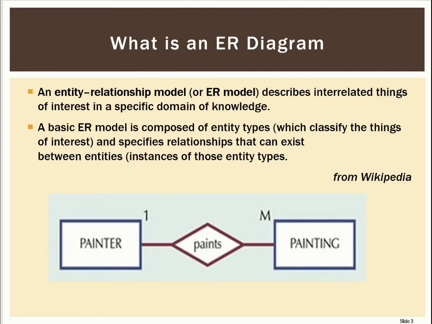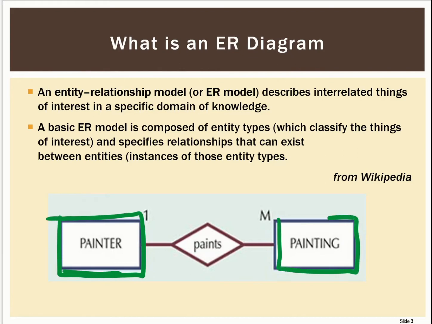Wikipedia goes on to say that an ER model is composed of entity types. An entity type would be these rectangles right here. These are entity types. We have two in this diagram. Entity types classify the things of interest. So in this case, we want to learn a lot more about the painters, and we want to learn a lot more about paintings that they have painted.